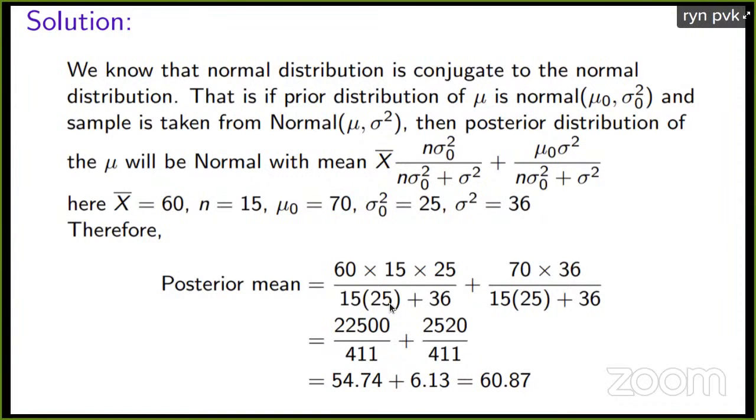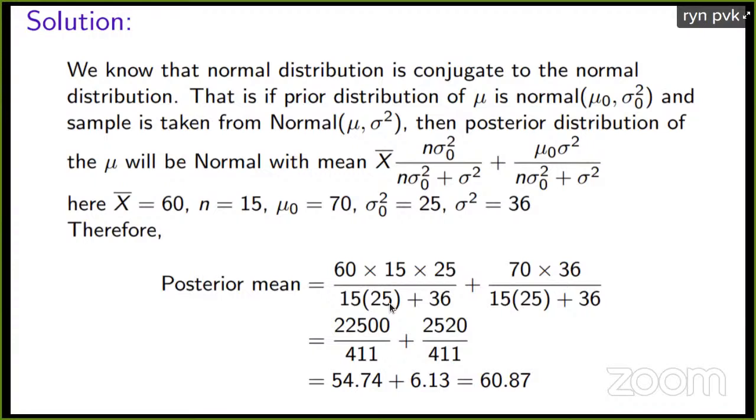Then the posterior distribution of mu will be normal with mean x bar into n sigma naught square divided by n sigma naught square plus sigma square, plus mu naught into sigma square divided by n sigma naught square plus sigma square.